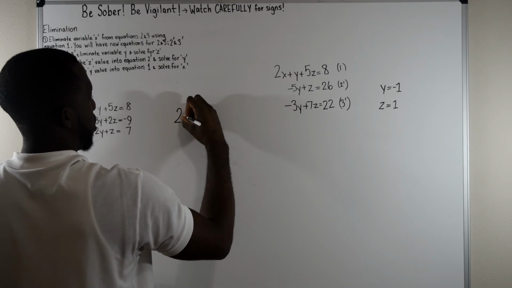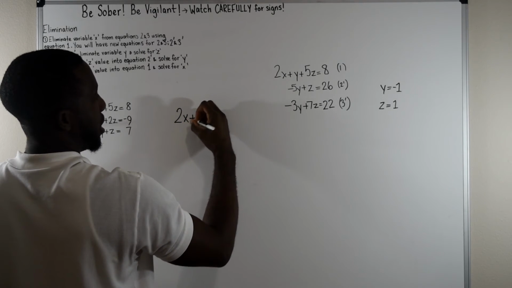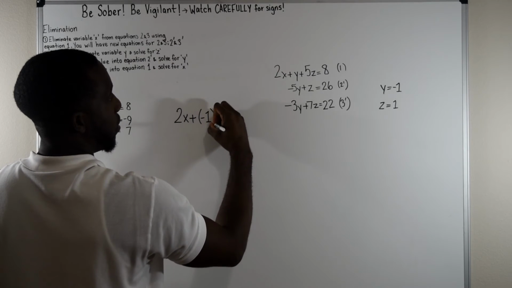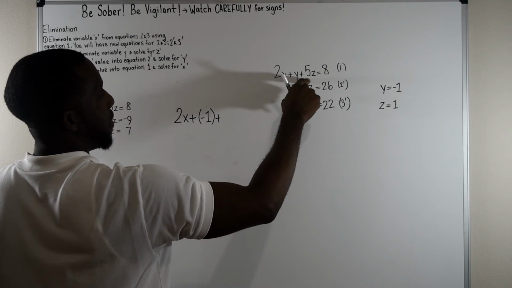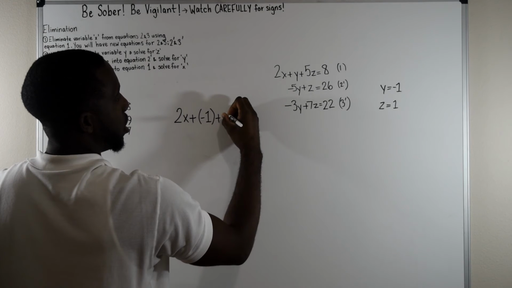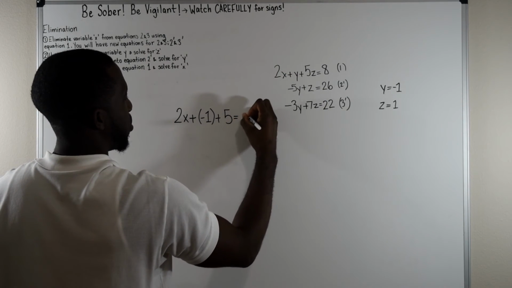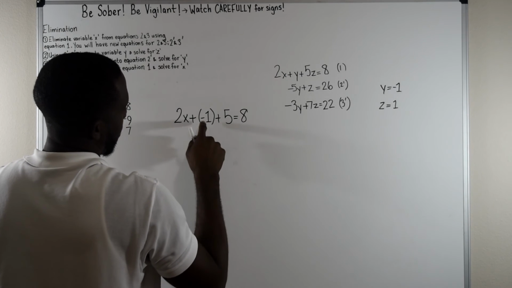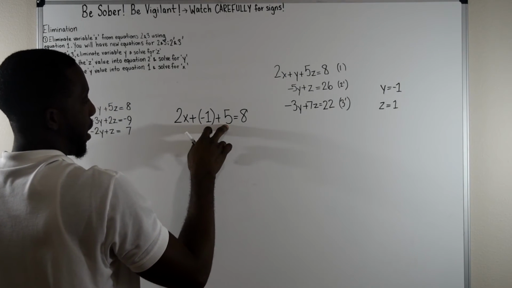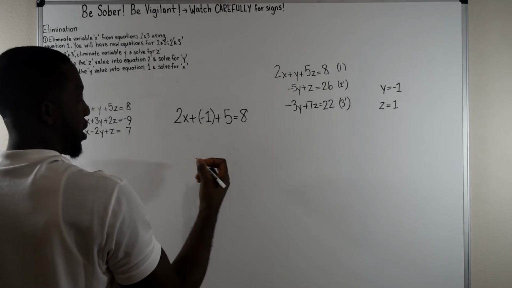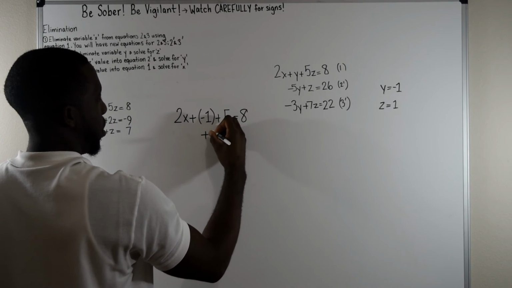So I got 2x plus y is negative 1 plus 5z equals, so z is 1, so 5z is 5 equals 8. So I got 5 and negative 1. The signs are different, so I subtract and keep the sign of the bigger number.